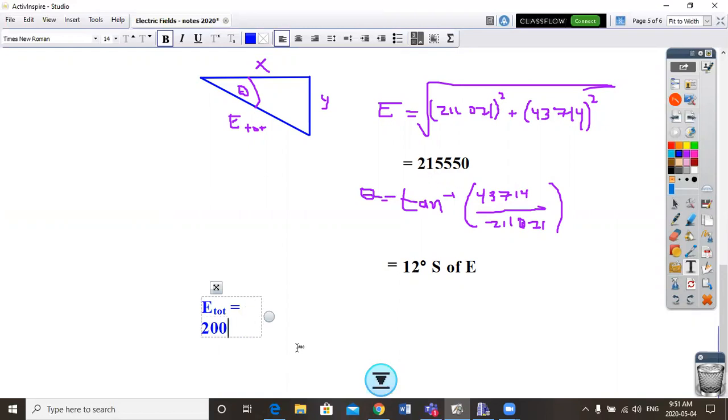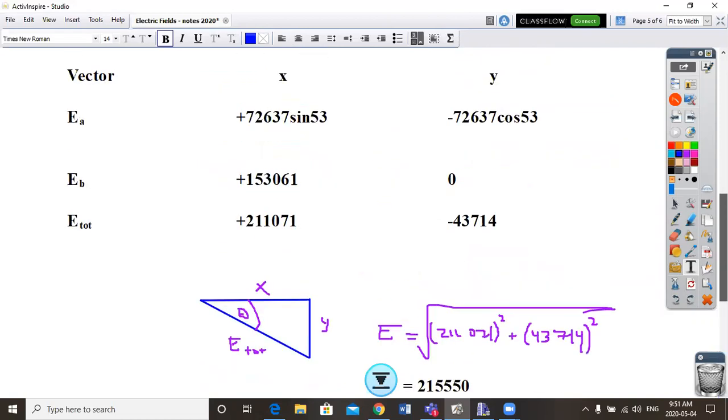So 200,000 newtons per coulomb, 2 times 10 to the power of 5. So 200,000 newtons per coulomb. The direction would be east, 12 degrees south, or 12 degrees south of east.